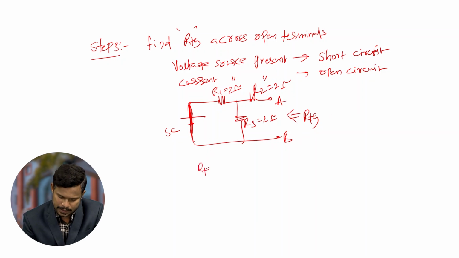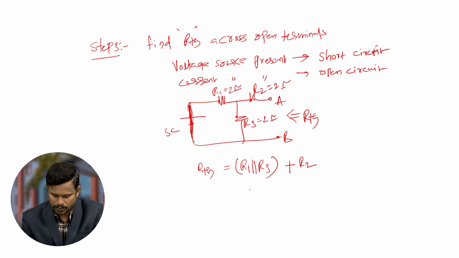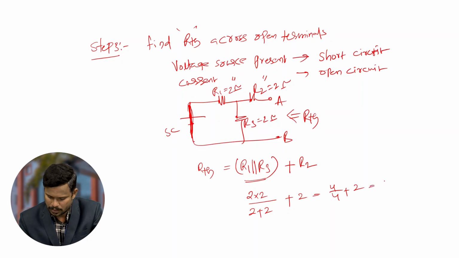So RTH equivalent value: R1 is parallel with R3, and this total value is in series with R2. So R1 and R3 values are 2 and 2: 2 into 2 by 2 plus 2, plus 2. So 4 by 4 plus 2, that is 1 plus 2, it is 3 ohms.